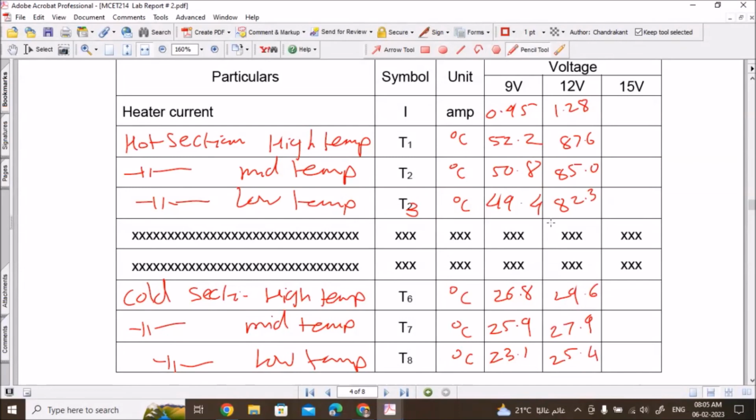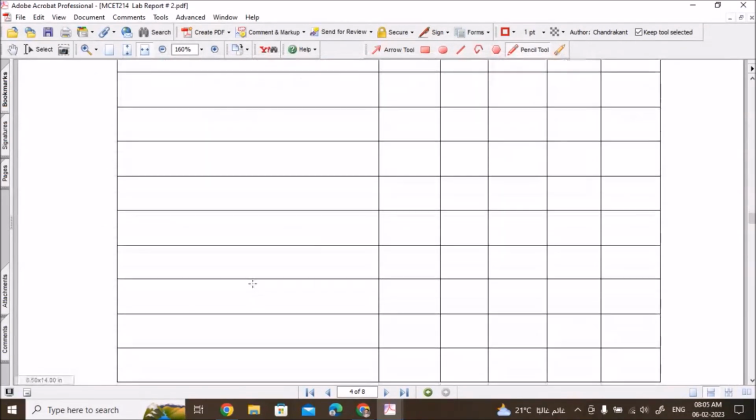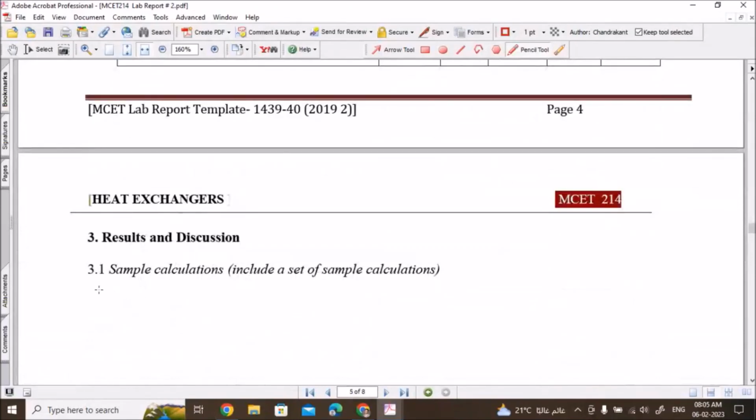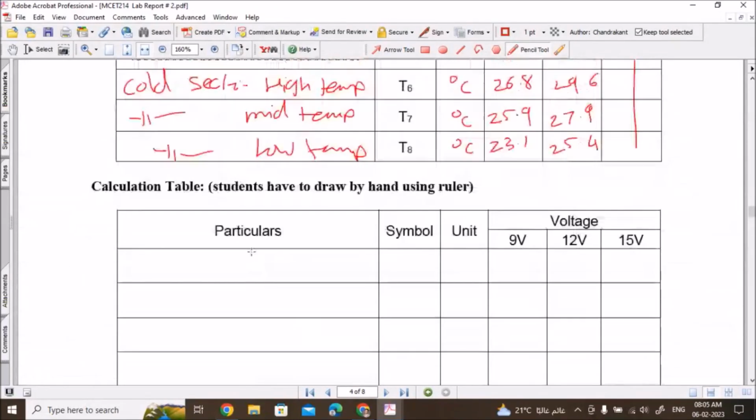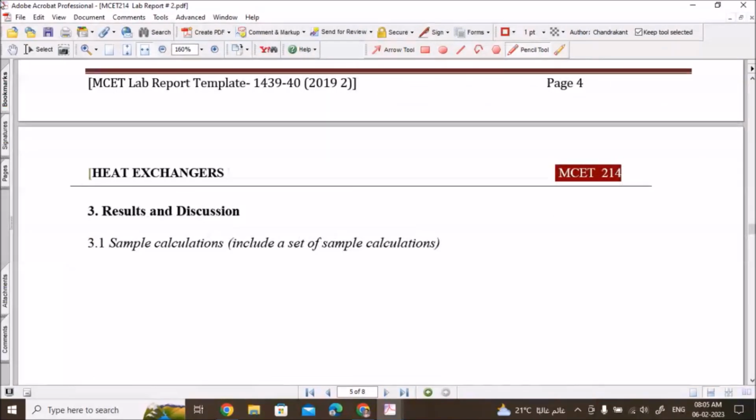So let us do the calculation. Now the calculation table: what to write here, numbers 1, 2, 3, I will explain in the sample calculation and then we will transfer your answer to the table for 9 volt and 12 volt. Number 1, no need to write this in the table.